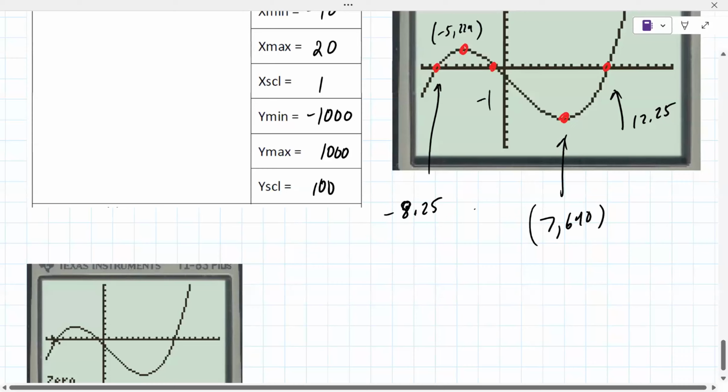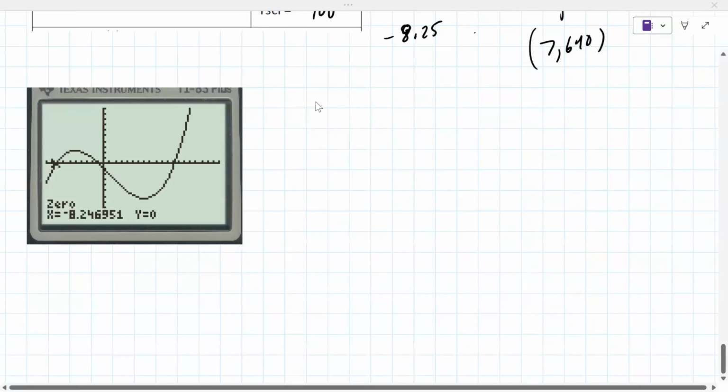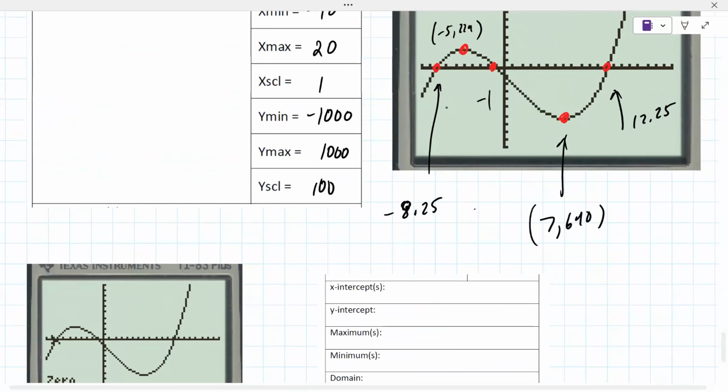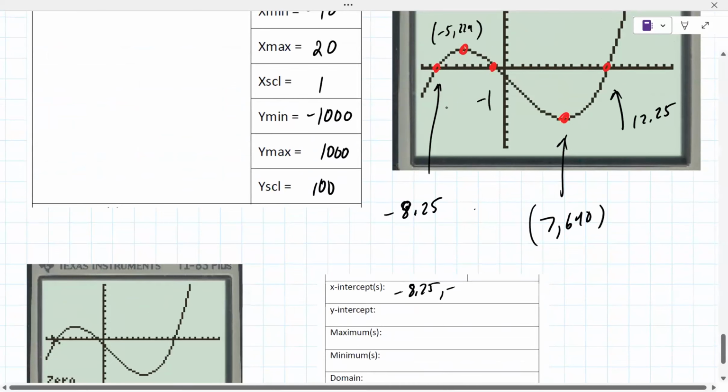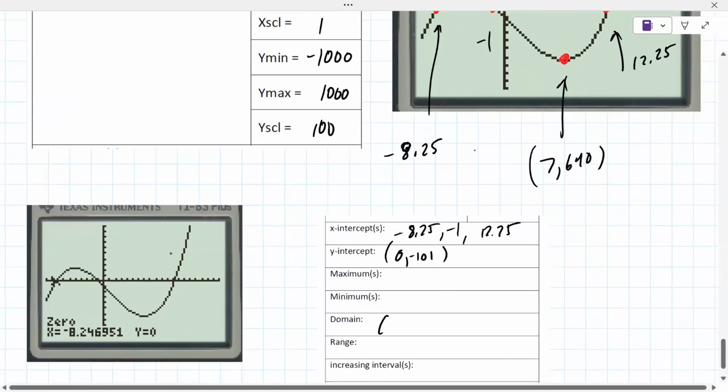All right, so you now have all the information to answer this. You have the three x-intercepts: -8.25, -1, and 12.25. With the y-intercept, like you said, it'd be 0, comma negative 101. For the domain and range, the domain would just be from negative infinity to infinity.